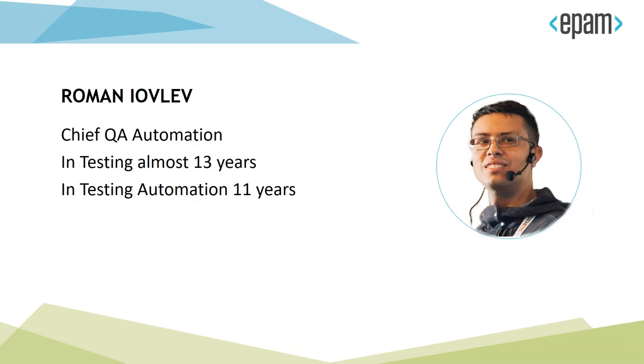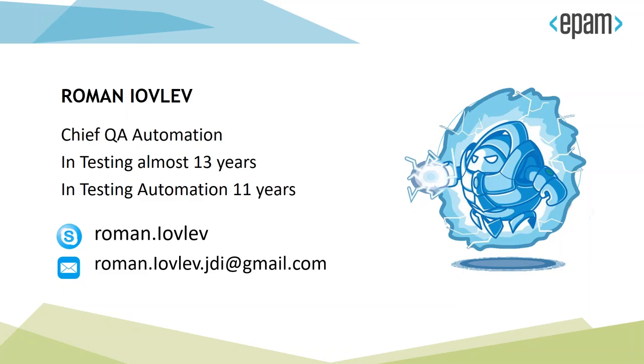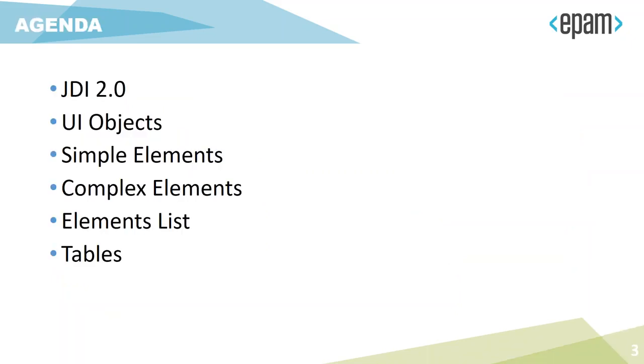I have enough experience in testing, and my main responsibilities are raising the test community competency center in St. Petersburg and improving test automation processes and tools in our location. And we have a lot of results and want to share them across locations. So here are my contacts. Feel free to write to me.